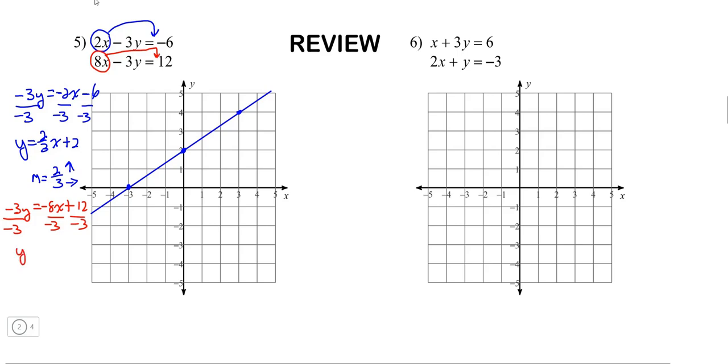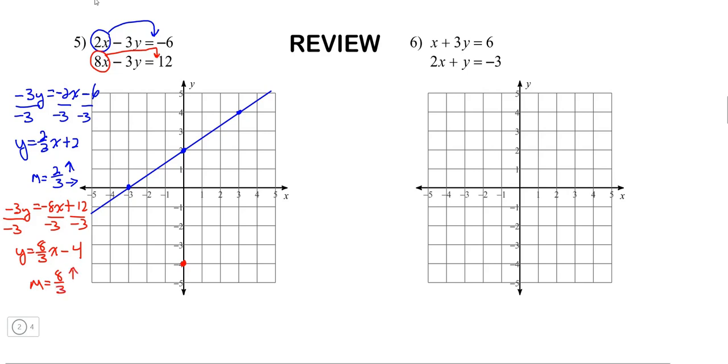And we get y equals negative divided by negative is positive, and leave this fraction improper, so 8/3 x, and 12 divided by -3 is going to be -4. So our y-intercept here is -4, and our slope is positive 8/3.